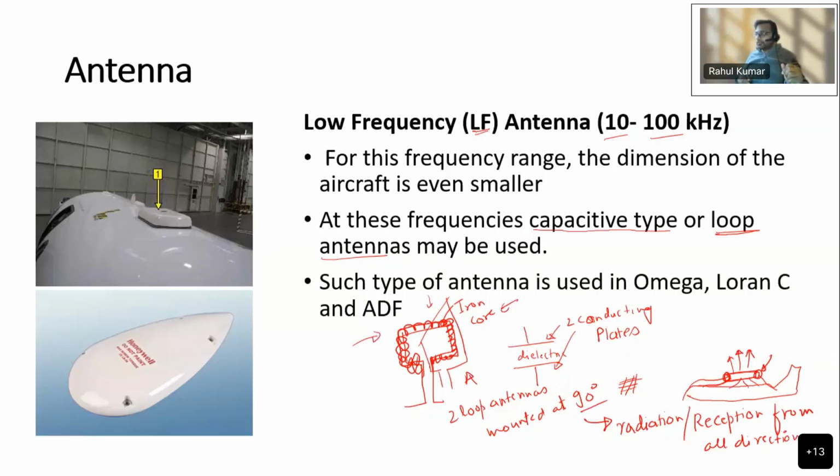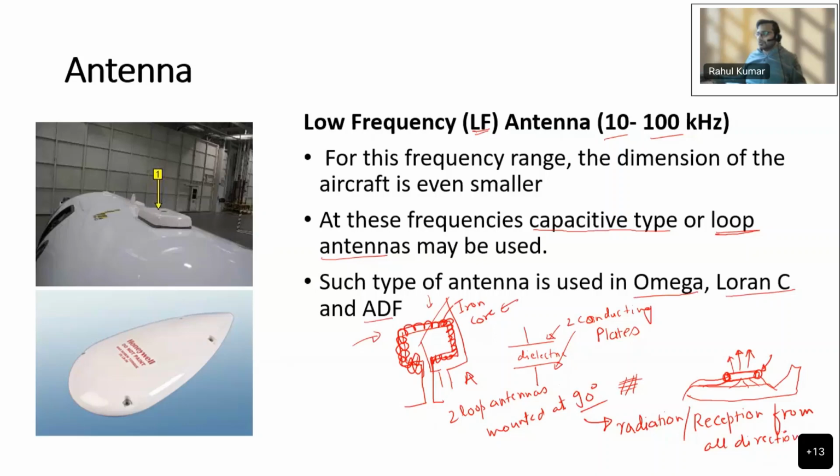So these types of low frequency antennas are used for several navigation systems, for example Omega, Loran, and ADF, that is automatic direction finder.